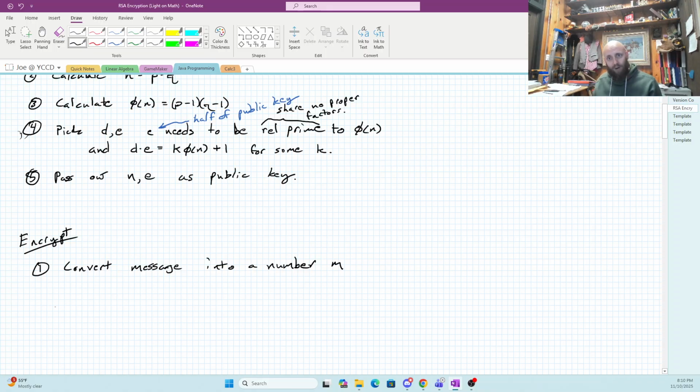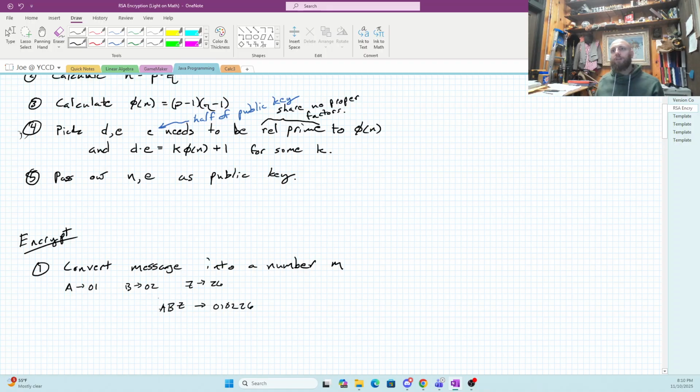Just as an example, you might make the letter A into 01, the letter B into 02, and the letter Z something like 26. Then if I wanted to spell a word, like A, B, Z, it's going to turn into 01, 02, 26. And then I could do stuff with that number.